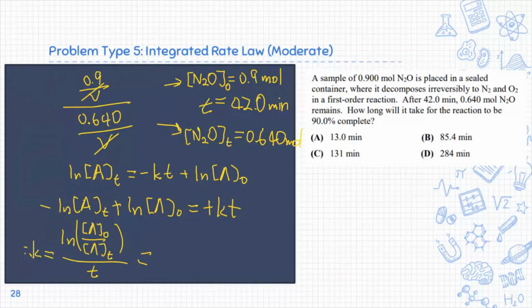All right, so initial concentration says 0.9, final concentration says 0.64, and time 42 minutes. So my rate constant is 0.00812 seconds to the negative first power. And then what you want to do is, it says, how long will it take for the reaction to be 90% complete?